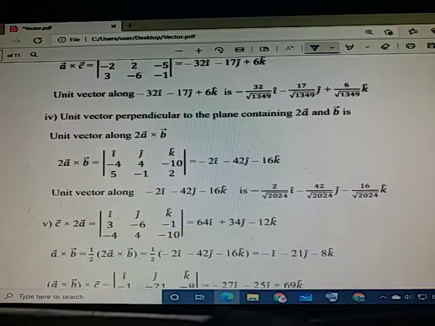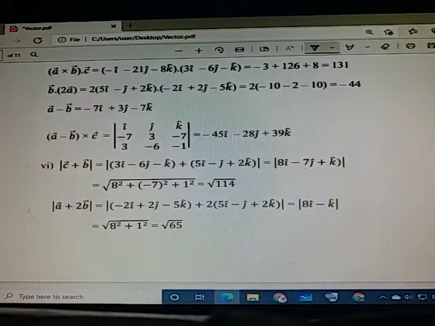So we are adding these things. Here you see a minus b. First you find a minus b. Then to make the cross product in this order, it is i j k. Then a minus b is the prefactor, so we write this in the second row, with components minus 7, 3, minus 7.